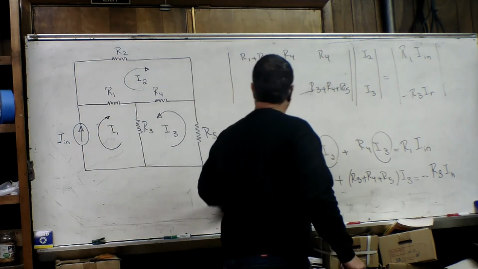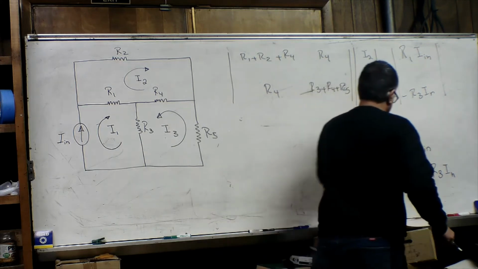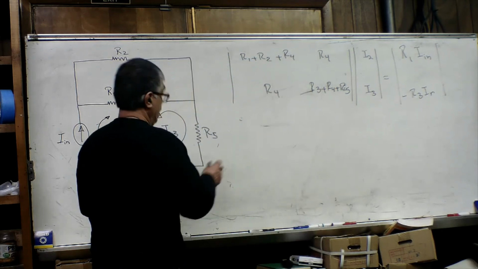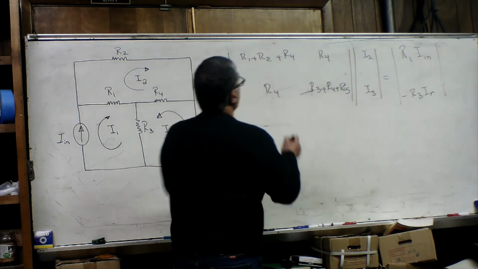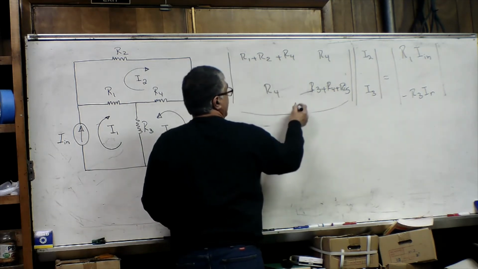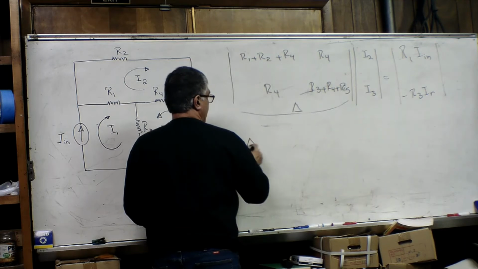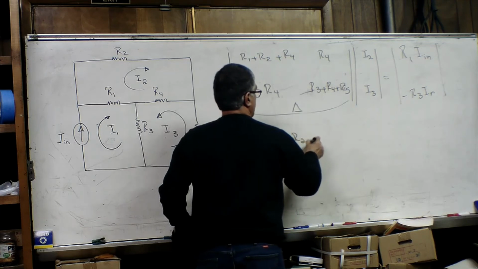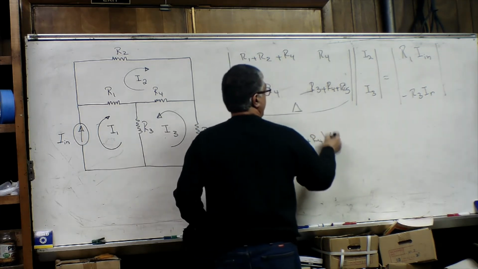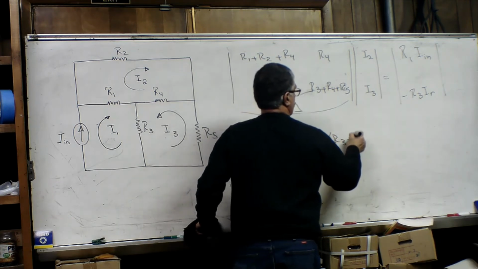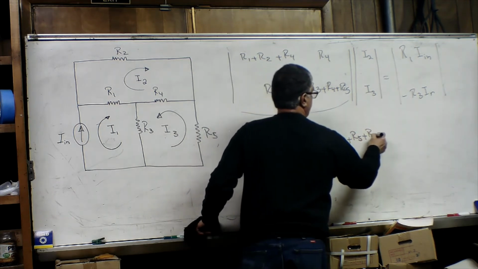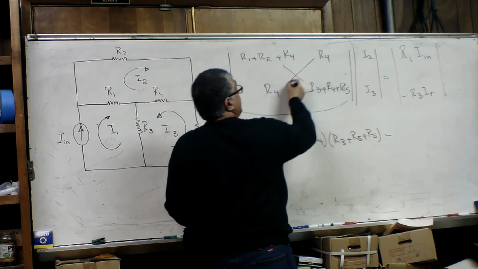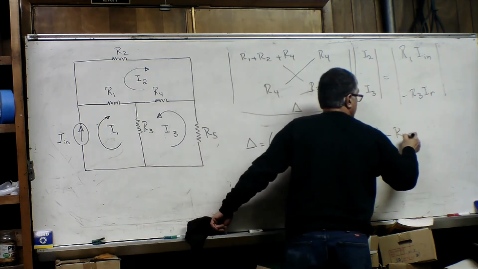Now in here, using matrix calculus, we can name this as delta, and delta will be equal to R1 plus R2 plus R4 multiplied by R3 plus R4 plus R5, minus R4 squared.